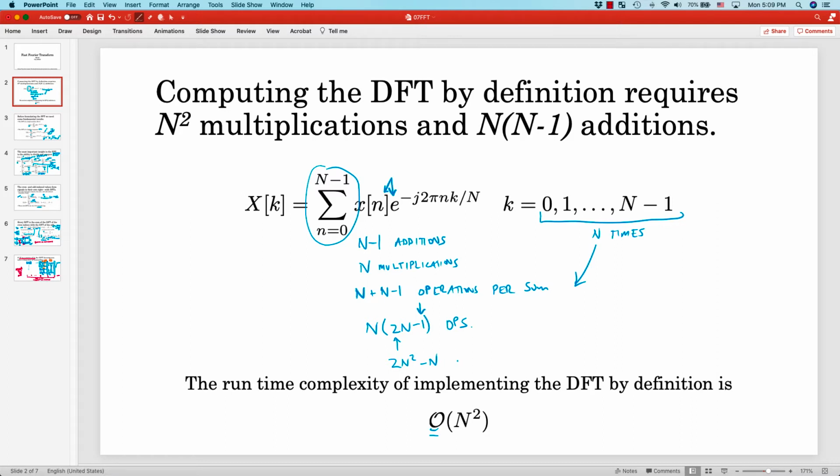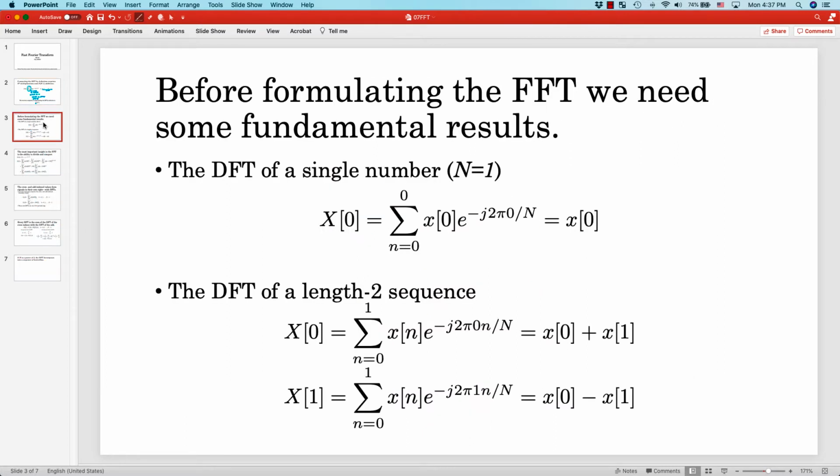In algorithmic complexity literature, this is referred to as big O of n squared. The idea is that when n is getting large, we don't care about a constant factor out in front, and we also don't care about a lower order subtraction or addition out here. When n gets large, the only term that will dominate is n squared.